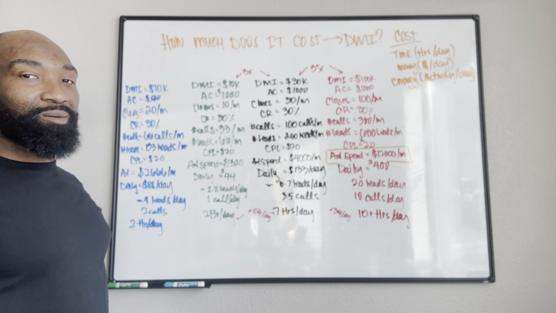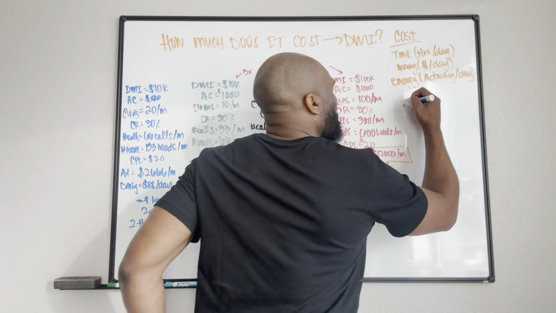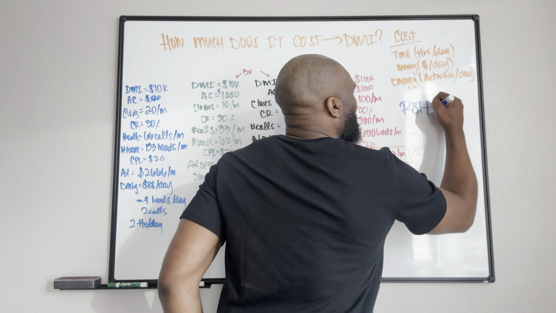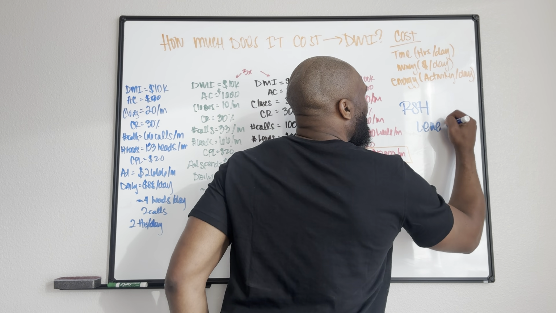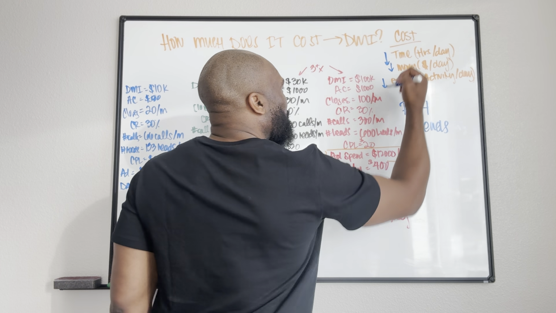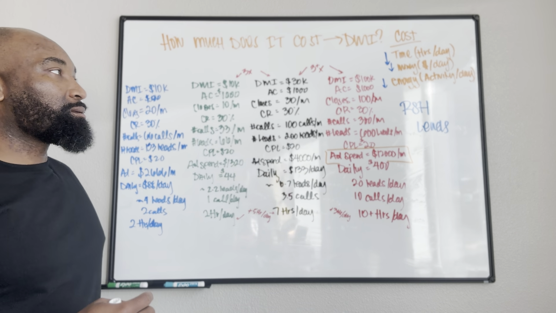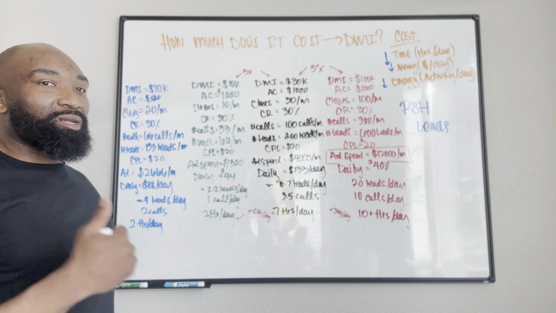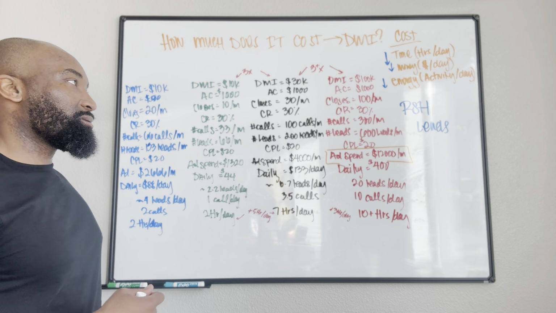And it's our job at RSH Leads, let me put this in blue, it's our job to reduce the time that you need to spend, reduce the cost that you need to spend over time, and then reduce the energy, especially that you put into manual activity, right?